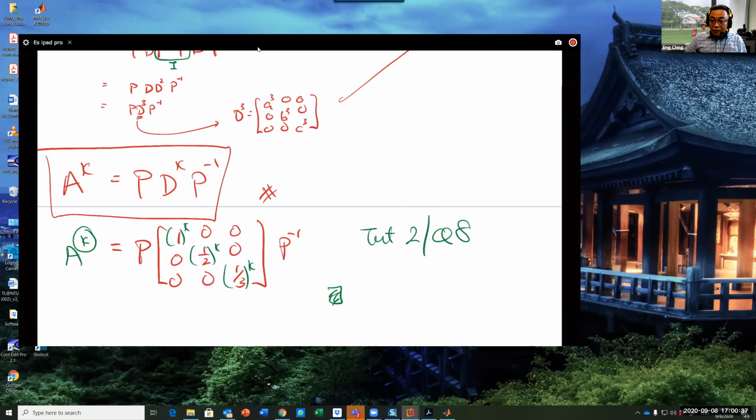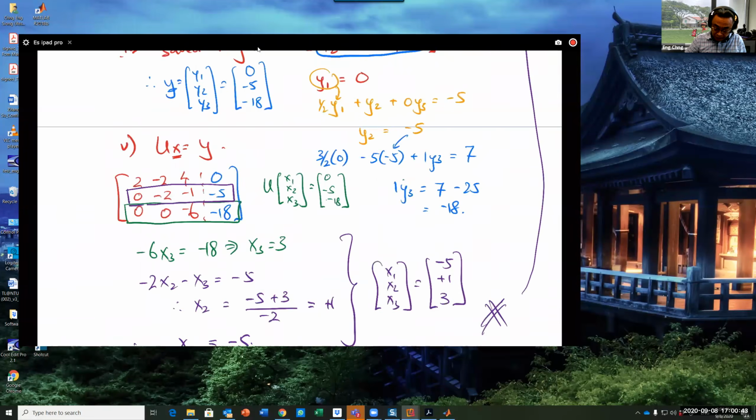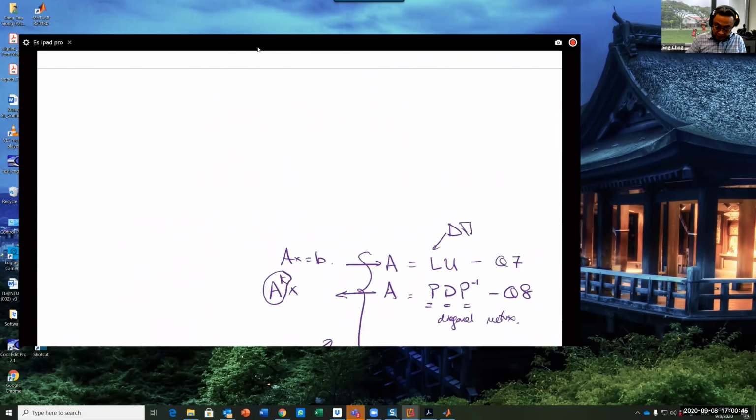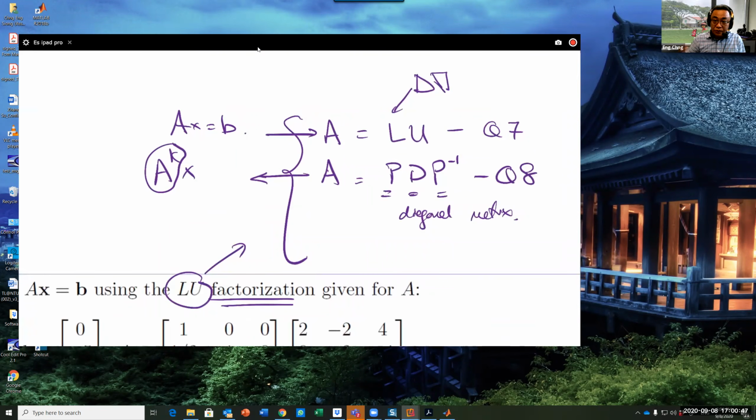So I think that the real take-home message is that matrix factorization allows us to cleverly do some of the problems, because if not, if we try A to the K by brute force, it is very expensive.